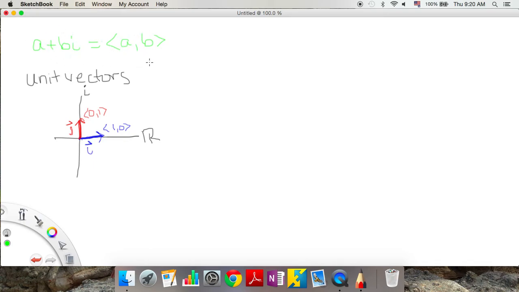You can write it in this kind of vector notation, or there's another kind of vector notation where we write it a times this unit vector i plus b times this unit vector j. Because what that's saying is we have a times 1, 0 plus b times 0, 1, which just gives us our a, b, which is what we had. But this tells us how far we're going in the real direction and how far we're going in the imaginary direction.